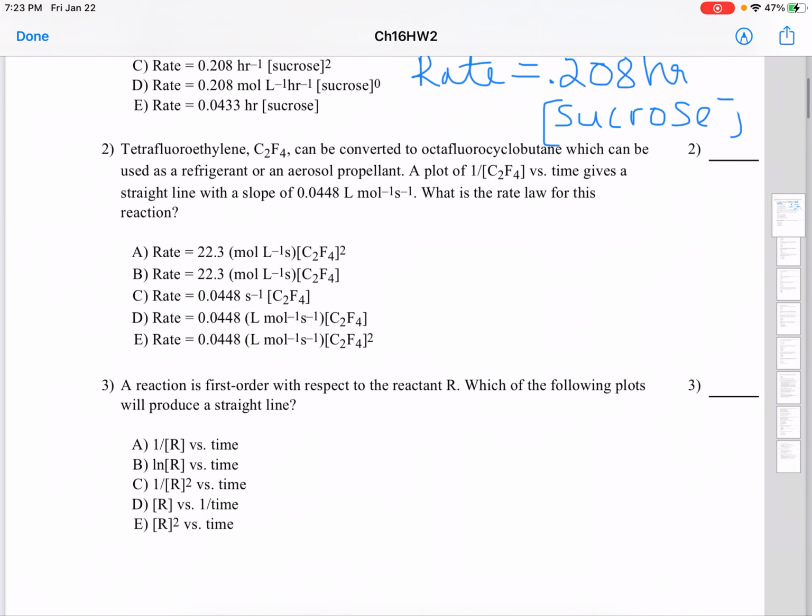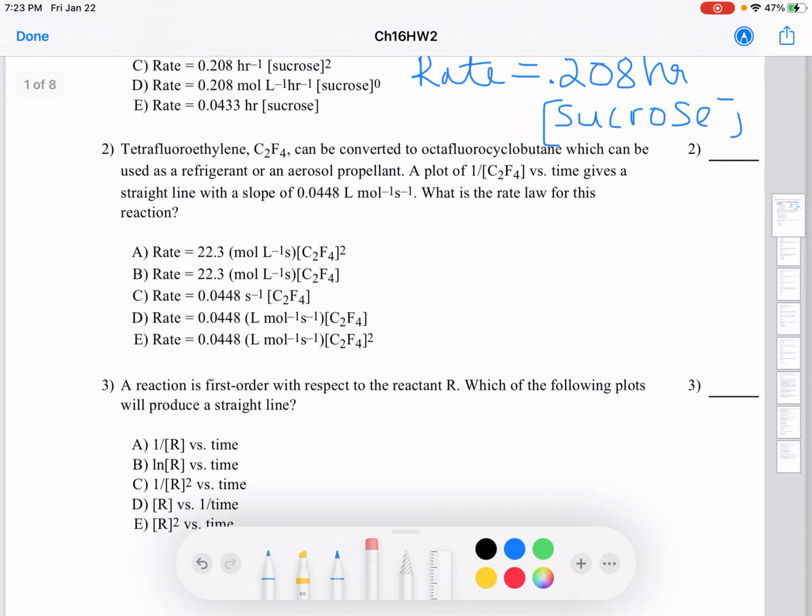And number 2, tetrafluoroethylene, C2F4. Okay, some information given. A plot of 1 over C2F4 versus time gives a straight line with a slope of 0.0448 liters per mole per second. Now in this question also, we do have some information.